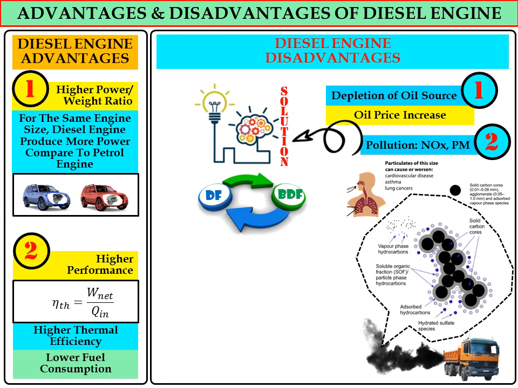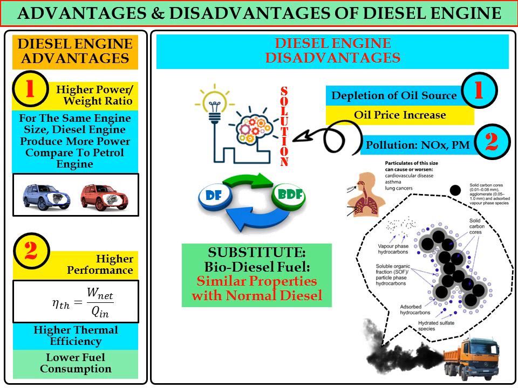One of the solutions is to substitute the typical diesel fuel with biodiesel fuel. However, in order to substitute the diesel fuel with biodiesel fuel, the biodiesel fuel must have properties similar to the normal diesel fuel.